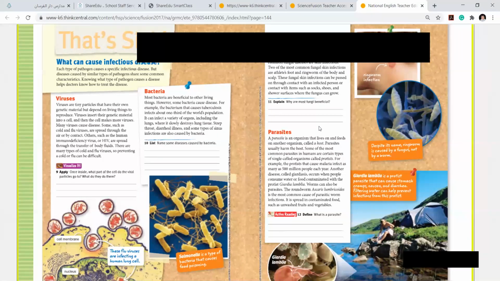I think we finished with this, or no? No, we didn't start. I just told you that it's virus, bacteria, fungi, and parasites.